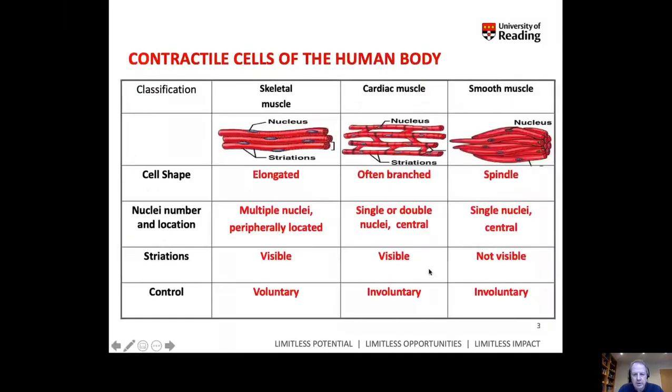So this is really a couple of placeholder slides. I put this slide up back in screencast 1. Hopefully now we know a little bit about skeletal muscle and its properties. Hopefully after the next couple of screencasts we'll know similar things about cardiac muscle and smooth muscle.